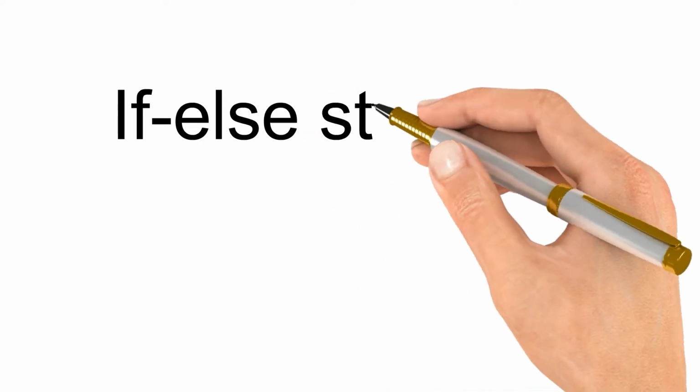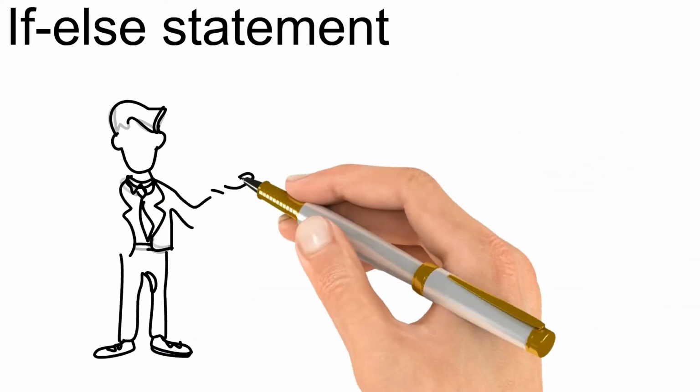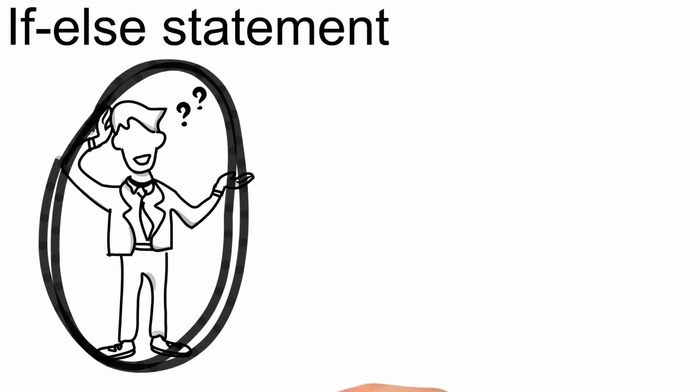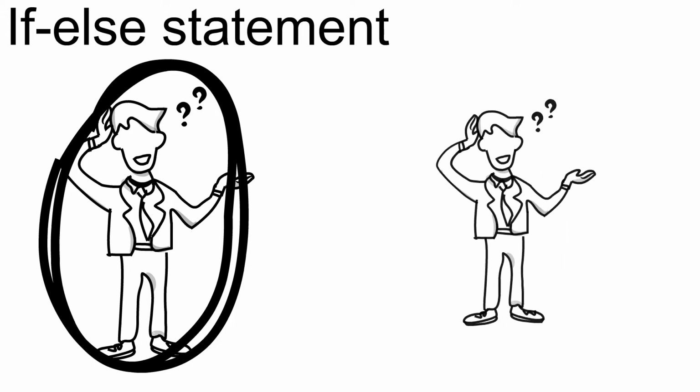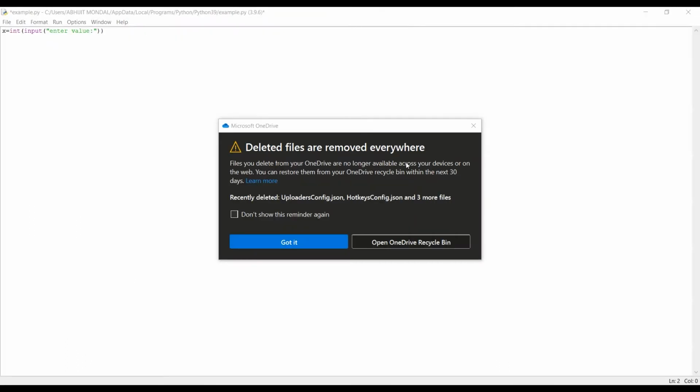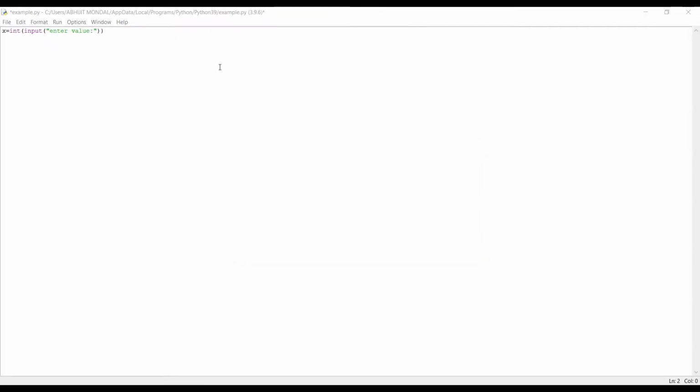Next, if-else statement. If condition is used when a statement needs to be executed only if a particular condition is satisfied or becomes true. In case of another statement which will be executed if the first one doesn't satisfy, the if-else statement is used. Take a look at an example. We will write a program to take the input of a value and simply print whether it is even or odd. We have already taken input in the x variable.